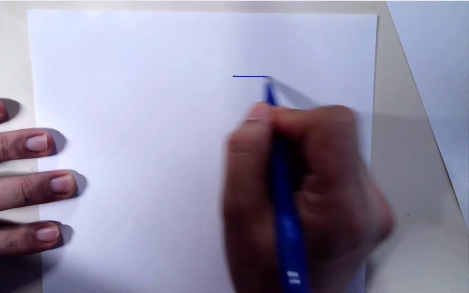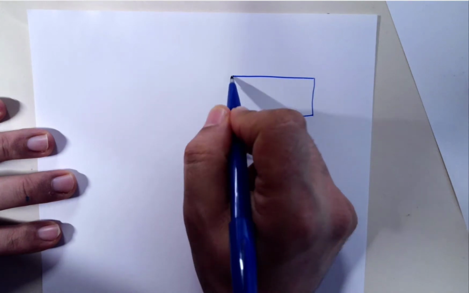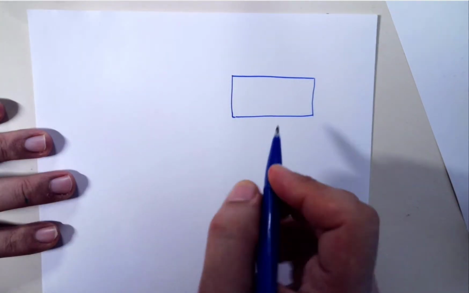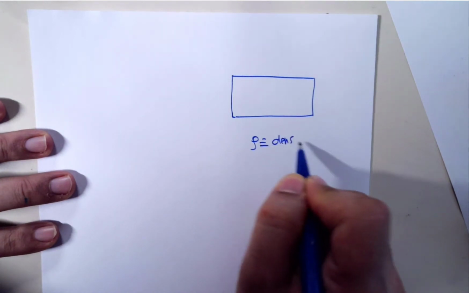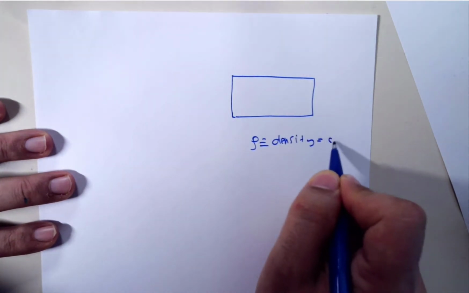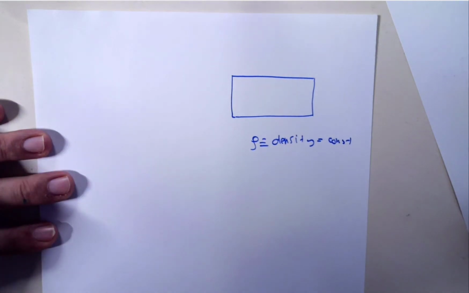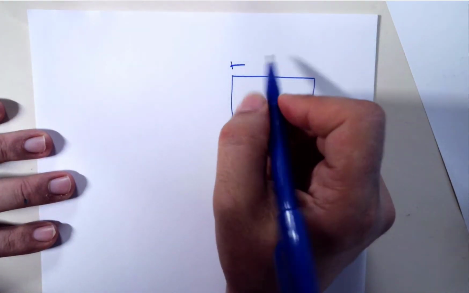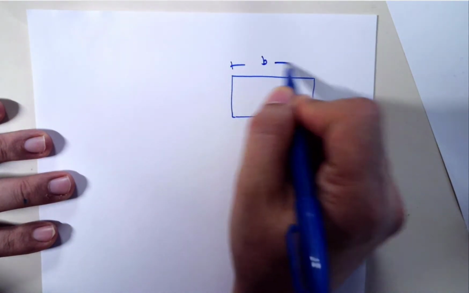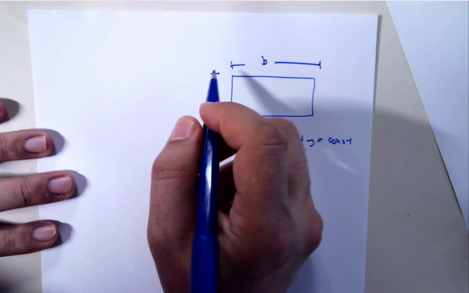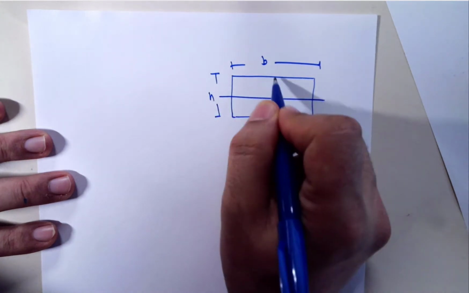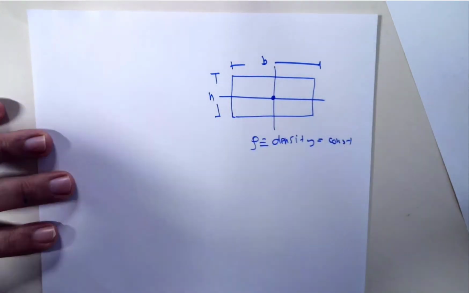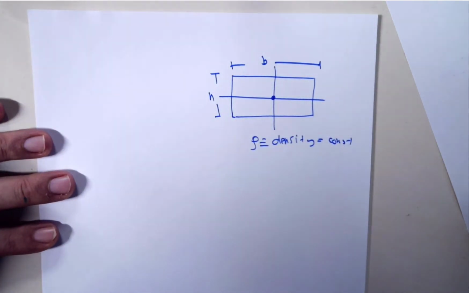For example, by intuition, if you look at a rectangular object that has a uniform density, density is constant, right? And it has width of B, or length of B, and height of H. You know by intuition that the center of mass, or centroid, is at the middle, right?